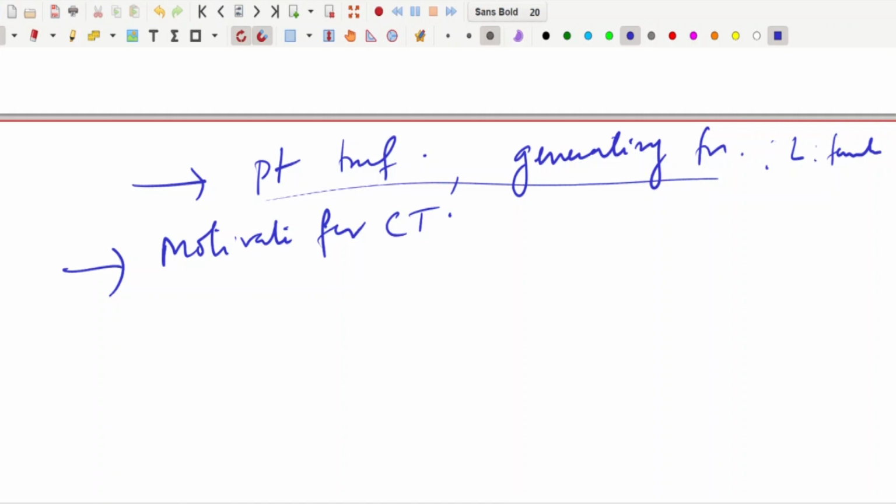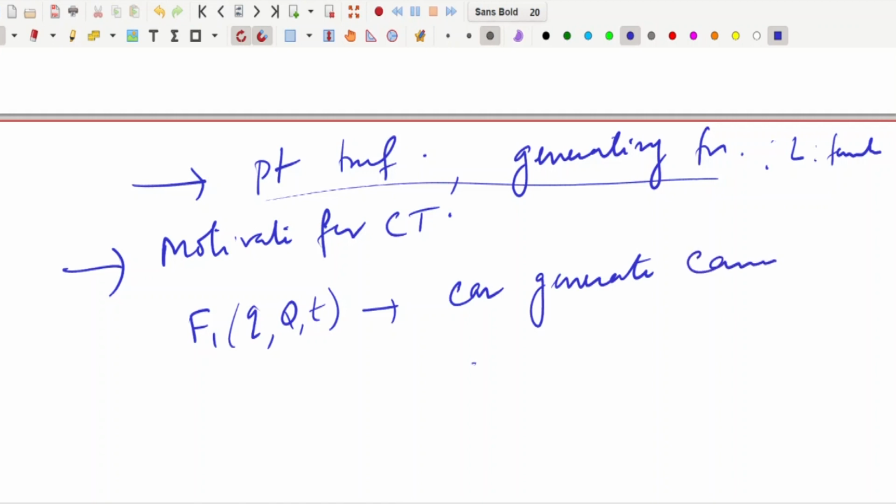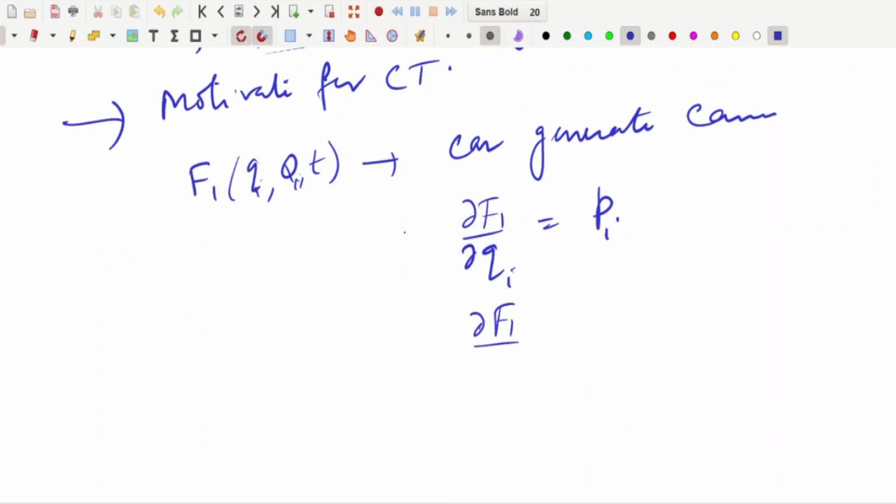Then we found how a function f1 of q, Q and t can generate the canonical transformation, when del f1 del q is p, or for many variables, del f1 del q i is p i, and del f1 del capital Q i will be minus capital P i, and the new Hamiltonian K will be the old Hamiltonian H plus del f1 del t.